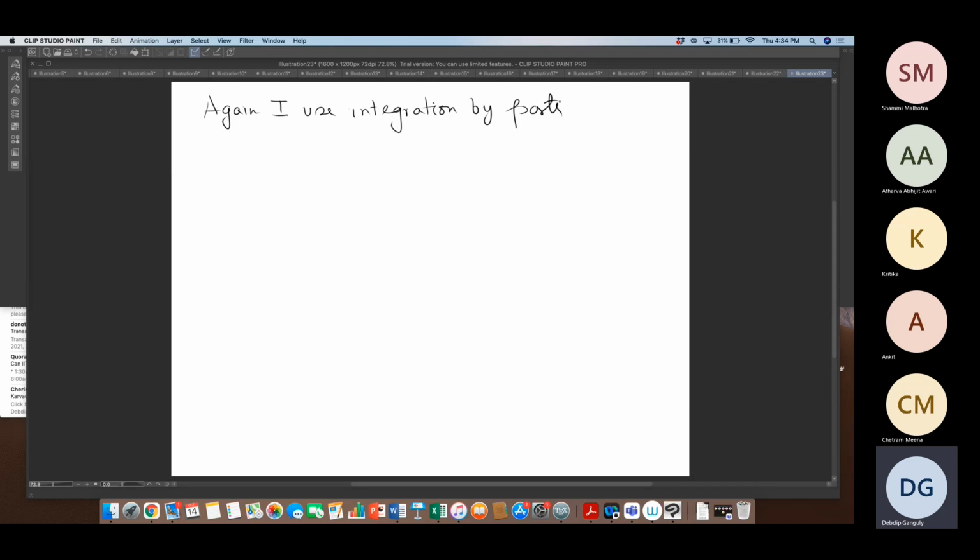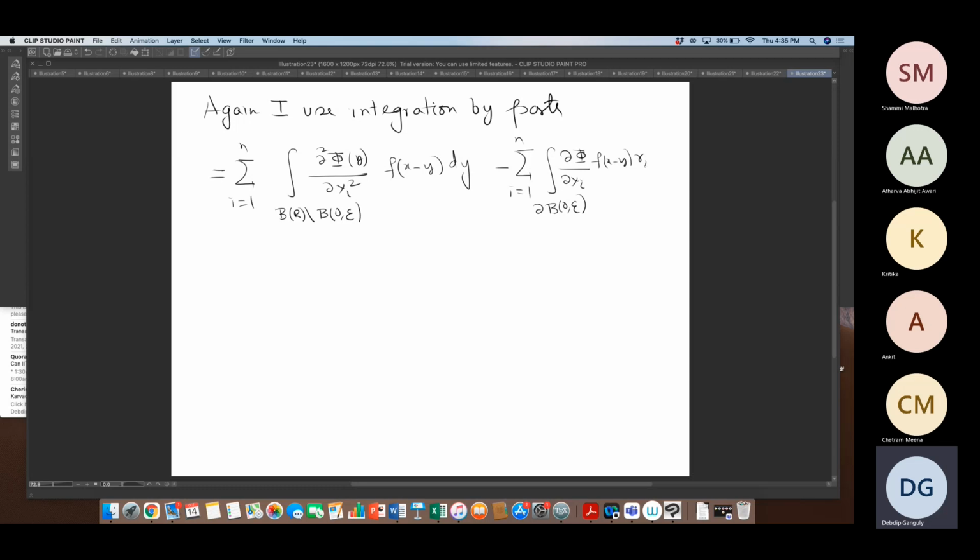If I do integration by parts, I will get the sum over i equal to 1 to n of the integral over B_R minus B_0 epsilon of del square phi by del y_i square of f of x minus y dy, minus the sum over i equal to 1 to n of the integral over del B_0 epsilon of del phi by del y_i, and so on. Just check the integration by parts.